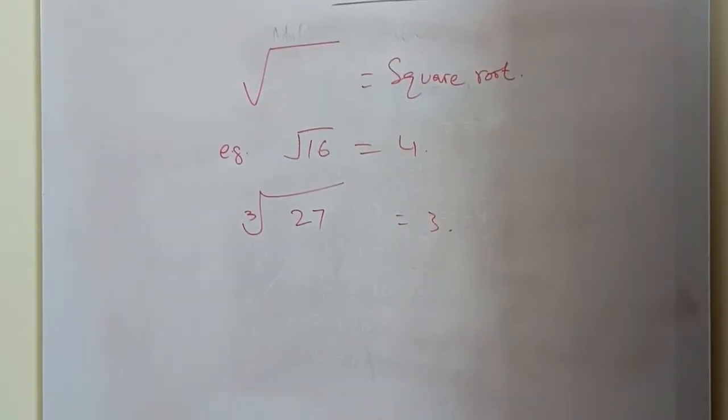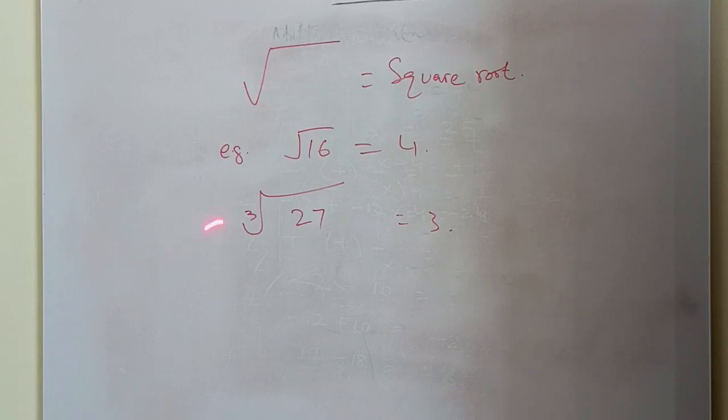Well students, the next symbol for us in this book is the square root symbol. Square root means, for example, if you cover this 16 in this square root symbol, we get the answer 4. If nothing is written over here, then it is the square root.